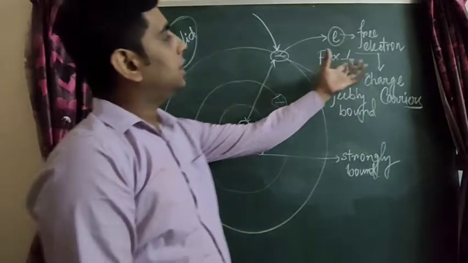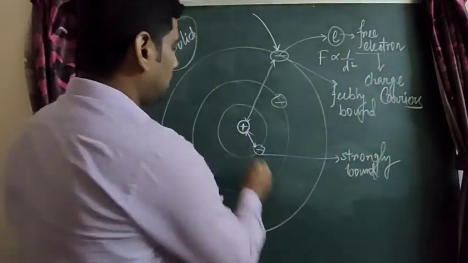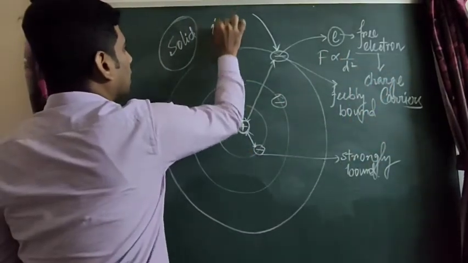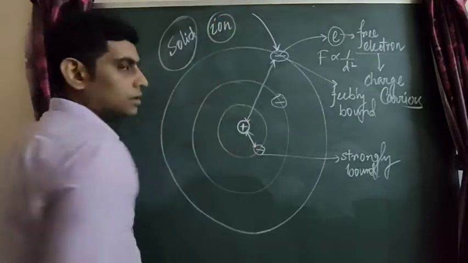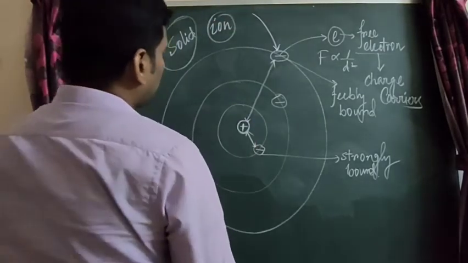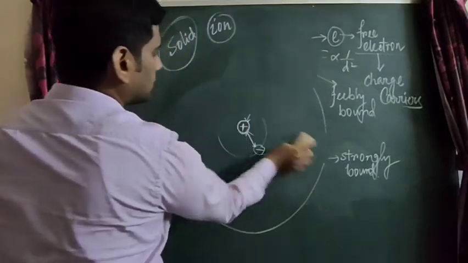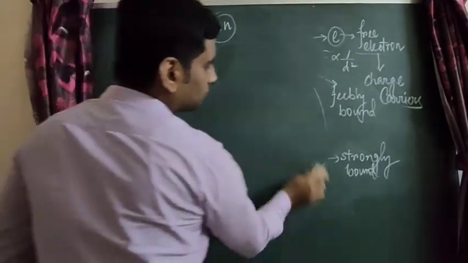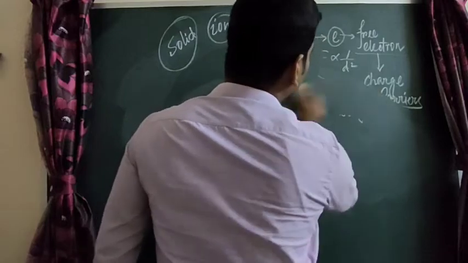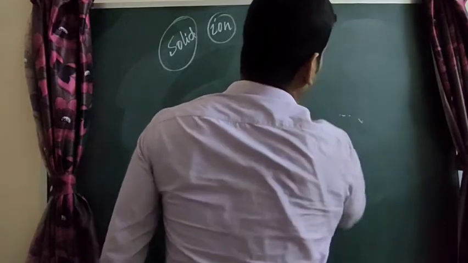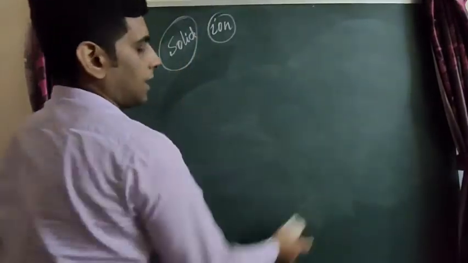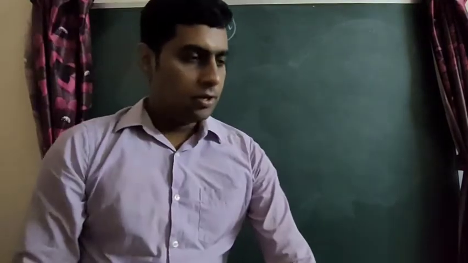Now when this electron comes out, this atom becomes an ion. And there are a few liquids and gases which are conductors. In that case, not free electrons but ions act as charge carriers.